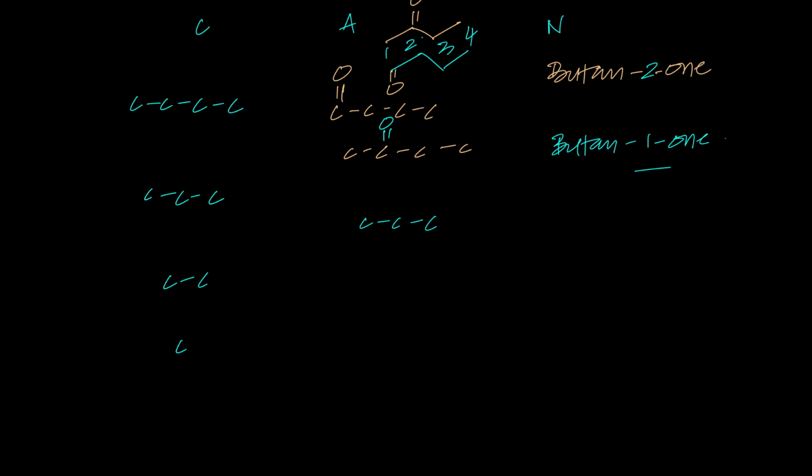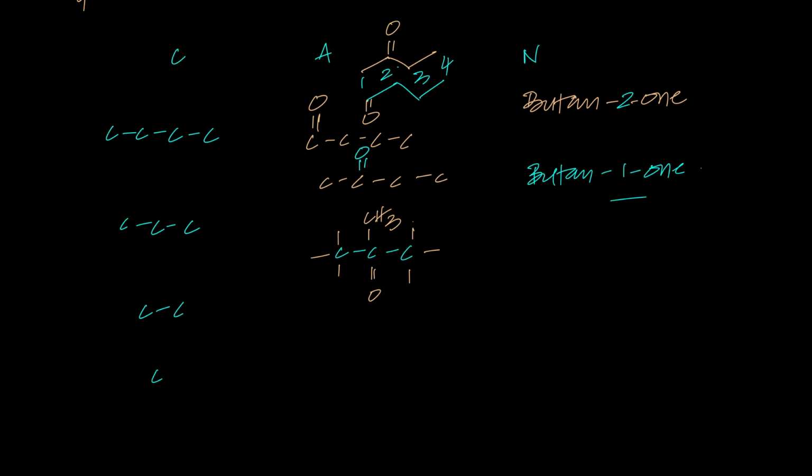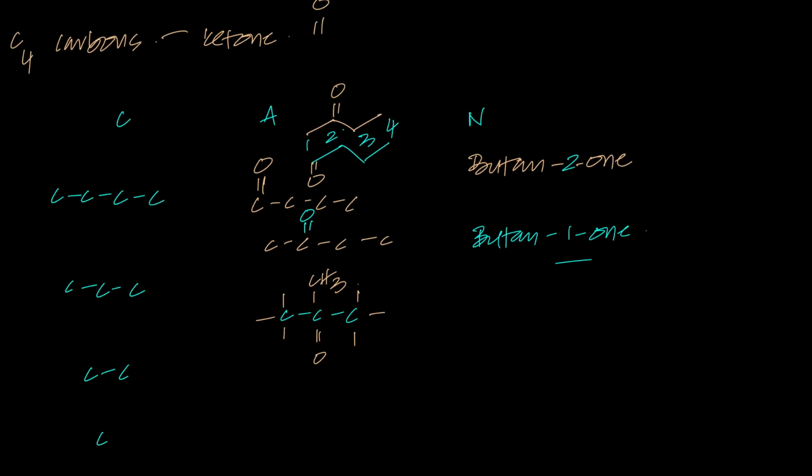CH3, and then you place a double bond right here. Remember, the double bond can't be on the first carbon, because if it's on the first carbon, then there's a problem, and this is what you guys didn't see. If the double bond was on the first carbon, now that's a problem. It can't be butan-1-one, can it?